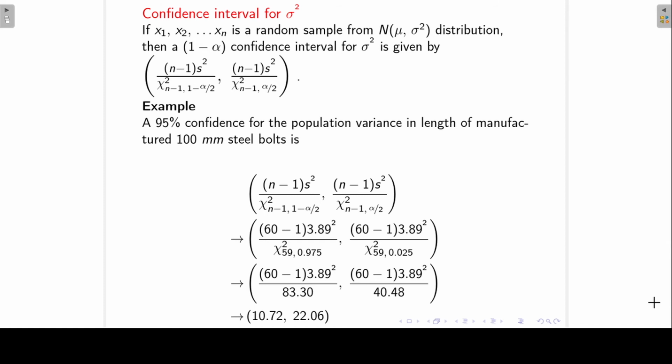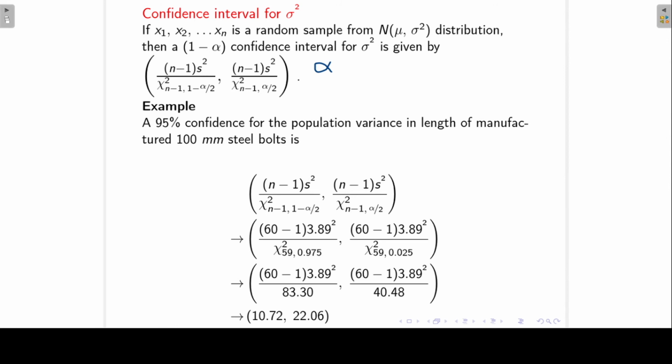My confidence interval is a 95% confidence interval. So 1 minus alpha is 0.95, which means that alpha is 0.05, and alpha over 2 must then be 0.025.